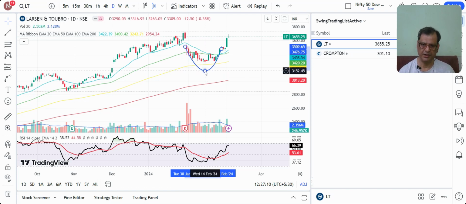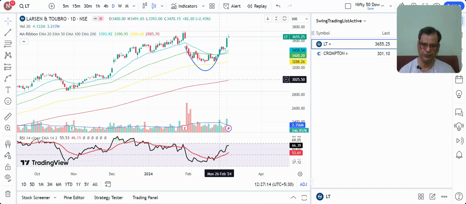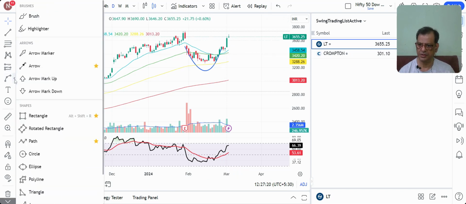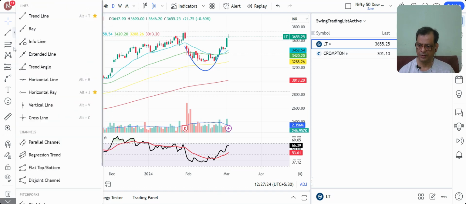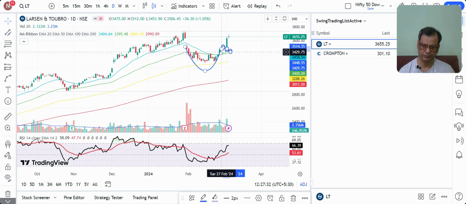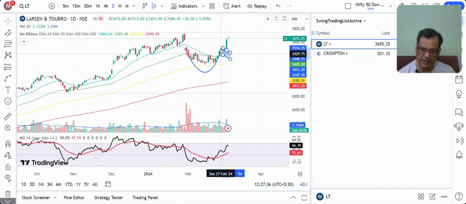So we see a cup here, and you see price is forming a handle here. Can you see prices again coming down here on thin volumes? So we make a handle here.